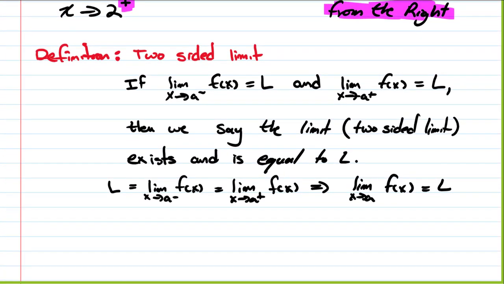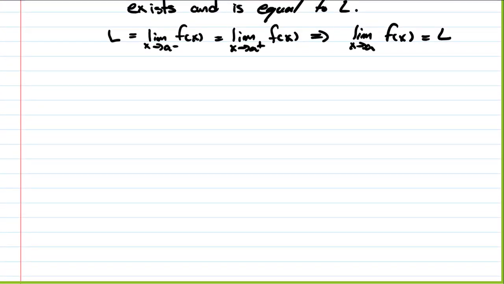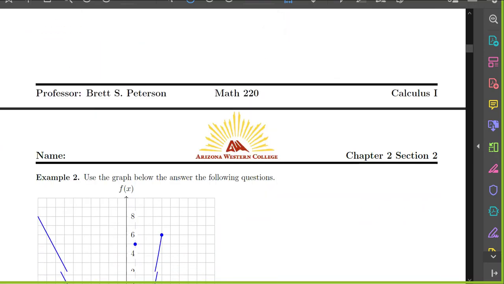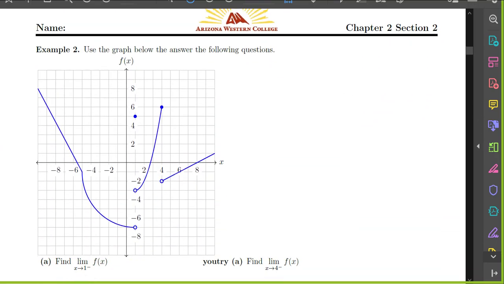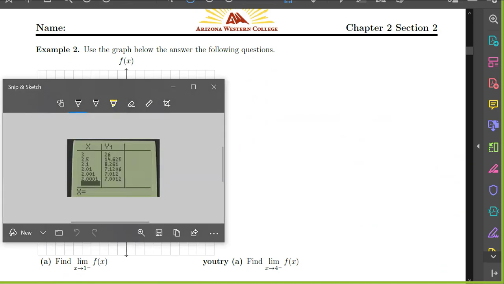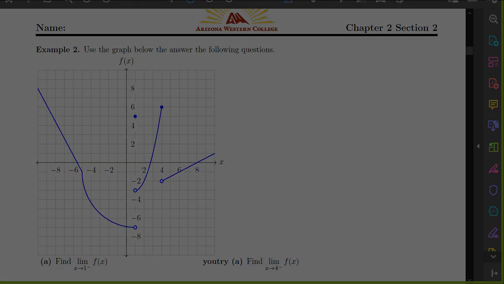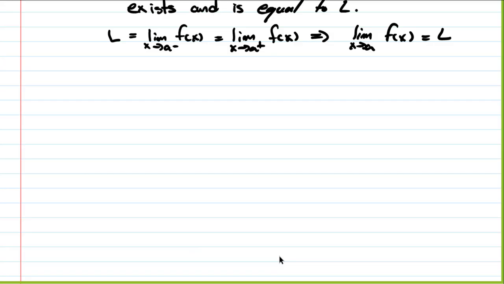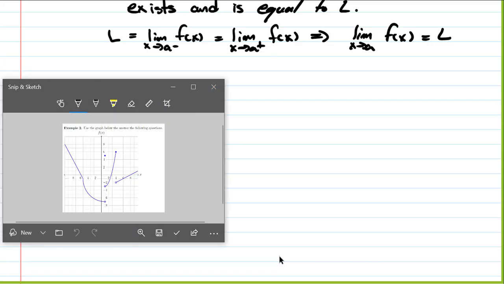All right, so now, after all of that, we are ready for example number 2. Example number 2 says, use the graph below to answer the following questions.